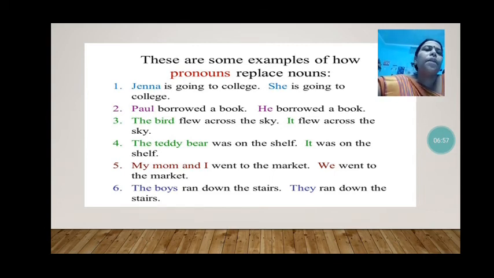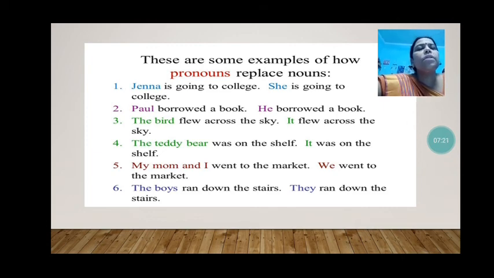So bird, it flew across the sky. The teddy bear was on the shelf. Instead of teddy bear, we have used it was on the shelf. Then my mom and I, plural, we went to the market. So we have used we for my mom and I together.